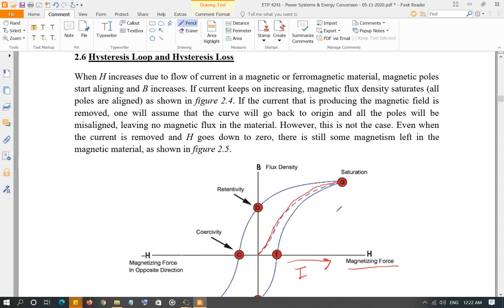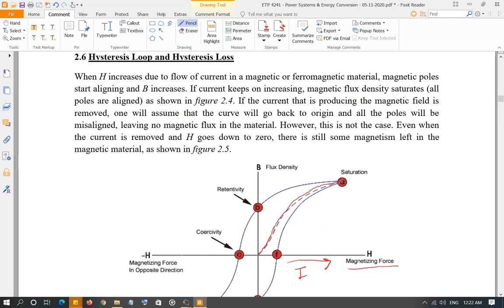Now, when you remove the current, when you disconnect the electric source that was supplying the current, the general idea would be that the curve is just going to come back, that the flux density is just going to become zero when you turn the magnetizing force to zero. However, it does not happen.